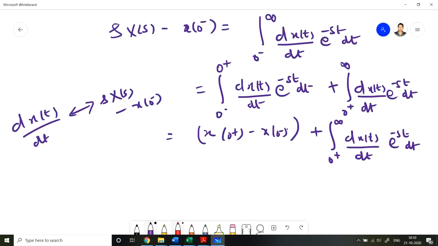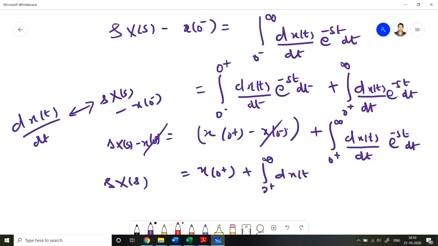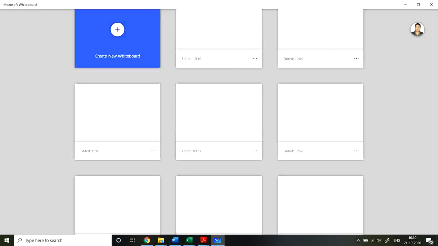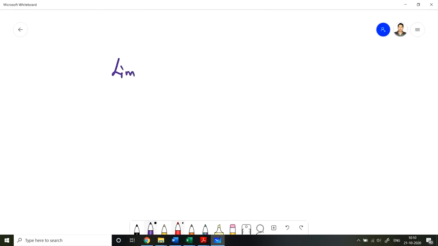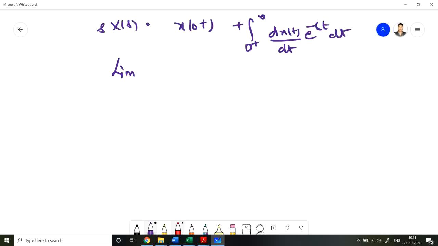What we get finally is sX(s) equals x(0+) plus the integral from 0+ to infinity of dx(t) by dt multiplied by e to the power minus st dt.